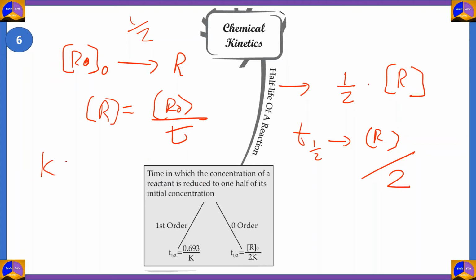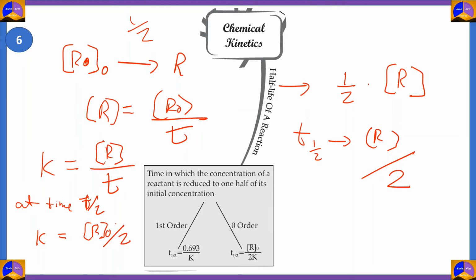According to our equation of the rate constant, it will be the concentration of R divided by T. So at time T by 2, we get the rate constant as half of the initial concentration divided by T half, which is the half-life.